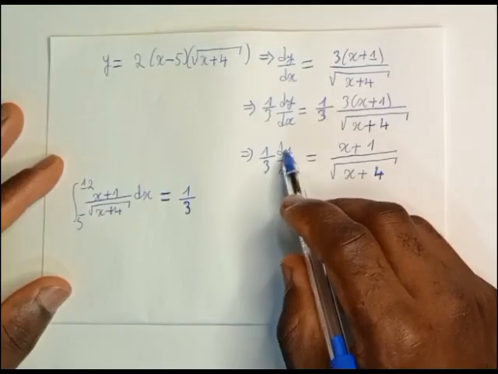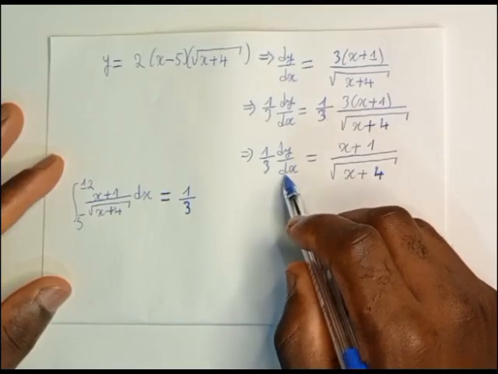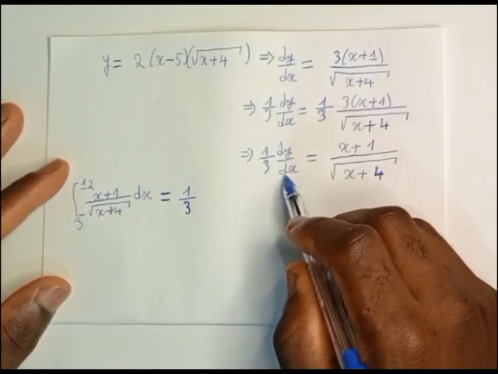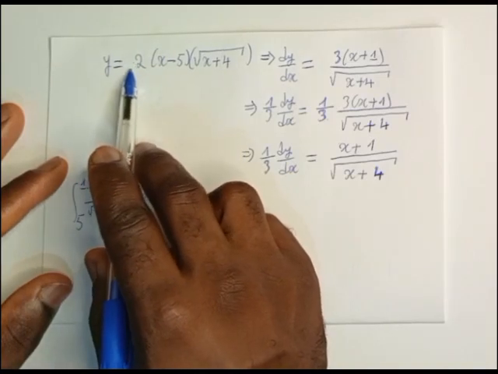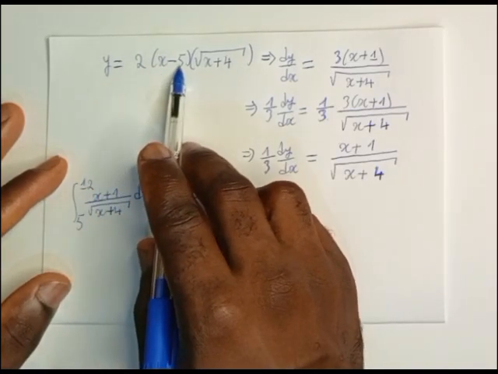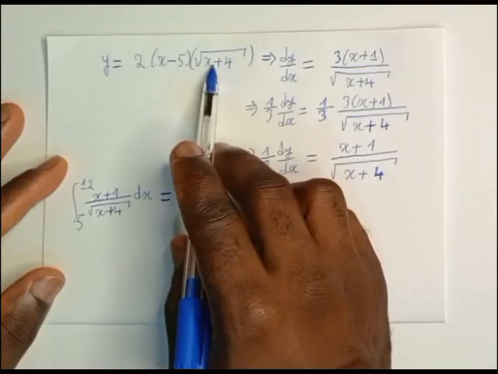If you integrate this dy on dx, it goes back to the original function y equal to 2 times x minus 5 times the square root of x plus 4.